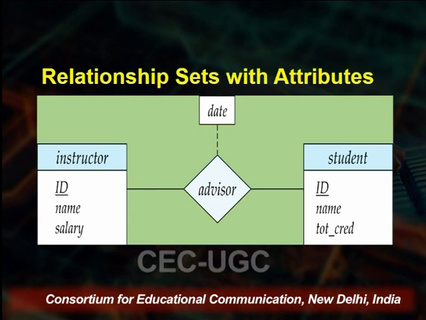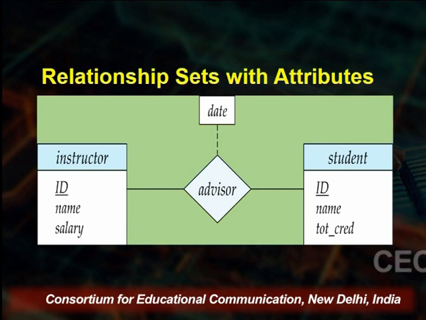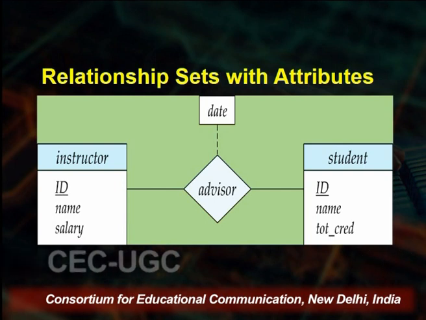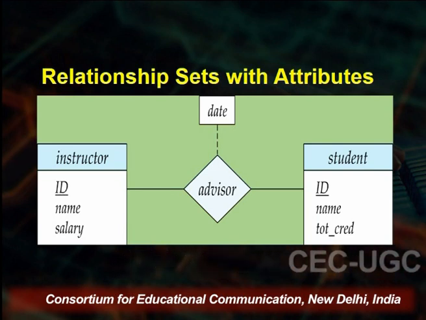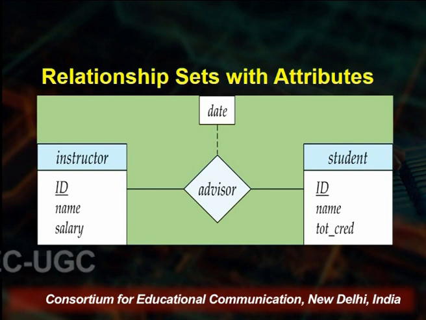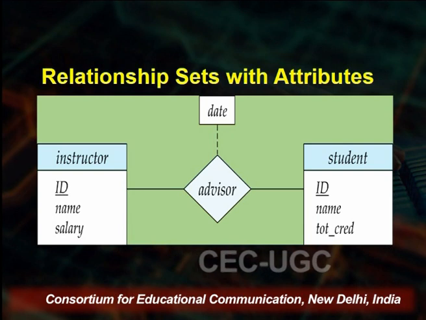Then how do we represent the attributes of the relationship? It is not like the entities, where within the rectangle we write the name of the attribute, as we have done in the case of instructor and student.